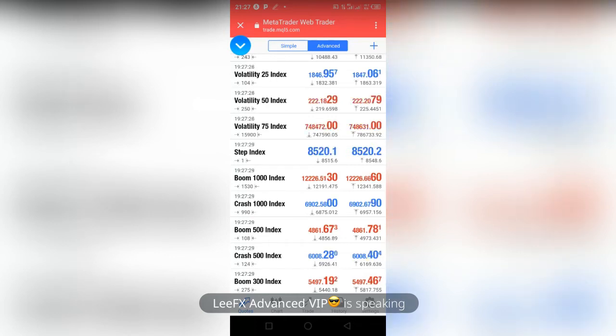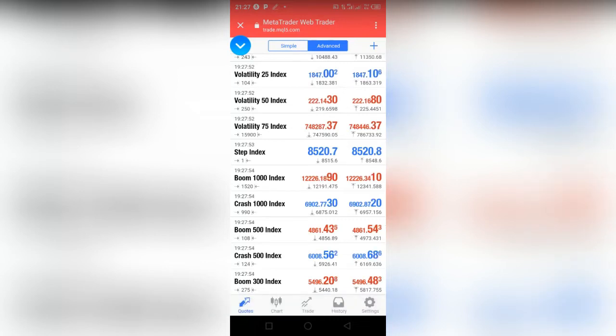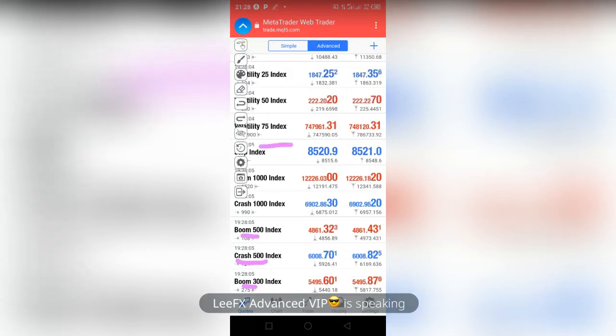As we are speaking right now, the time here is 21:27, as you can see there on top. But the market time is 19:27.